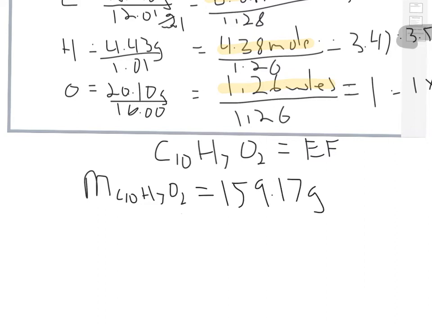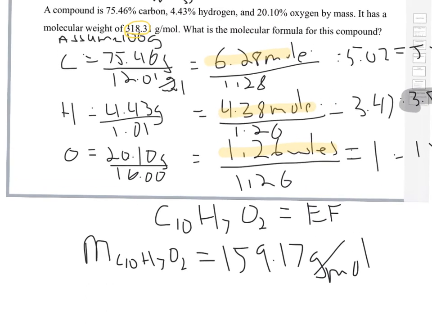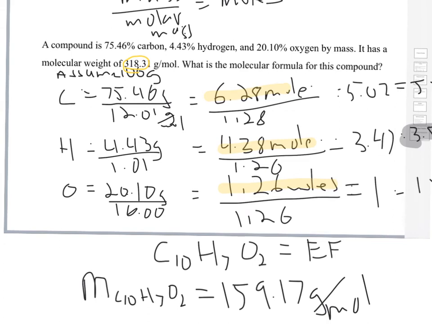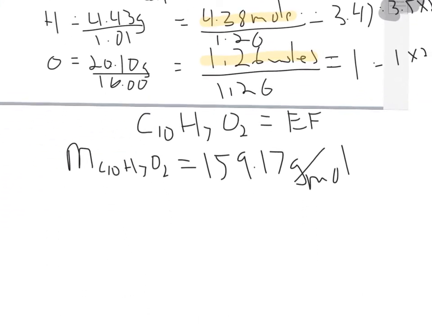159.17 grams per mole. And how does that compare to the molar mass which we saw back up here, which is 318? Well, hopefully you guys can see the quick math. 318 divided by 159 is 2. That means that the empirical formula is half of what the real molecular formula is.